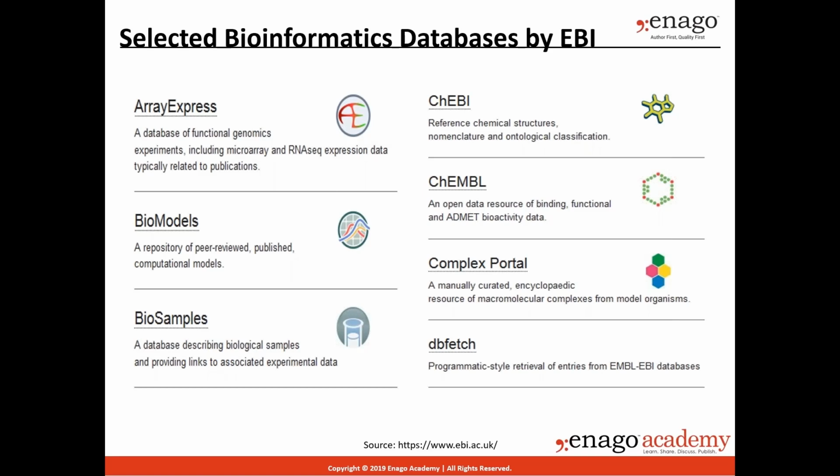ChEBI, a reference for chemical structures, nomenclature, and ontological classification. ChEMBL, an open data resource of binding, functional, and ADMET bioactivity data. Complex Portal, a manually curated encyclopedic resource of macromolecular complexes from model organisms. And dbfetch, a programmatic retrieval of entries from EMBL-EBI databases.